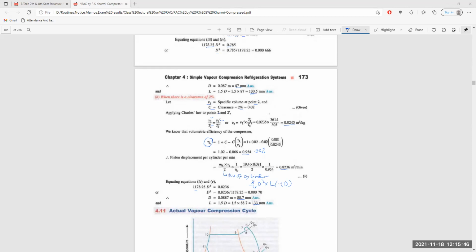By absorbing the heat and converting the liquid refrigerant to gaseous, we cool the chamber. Then we send it to the compressor.